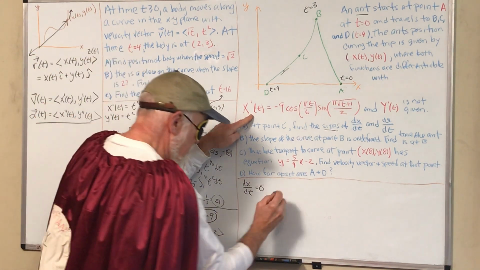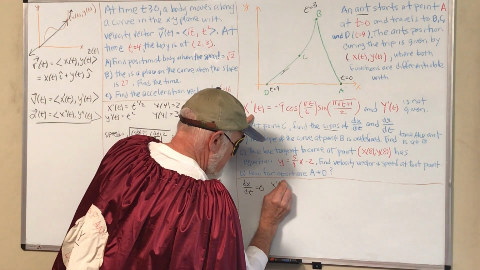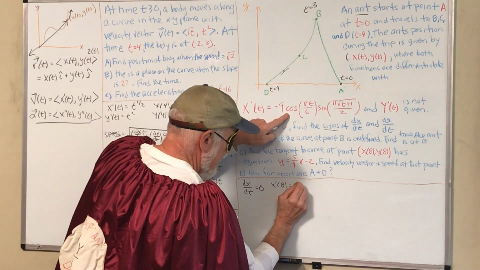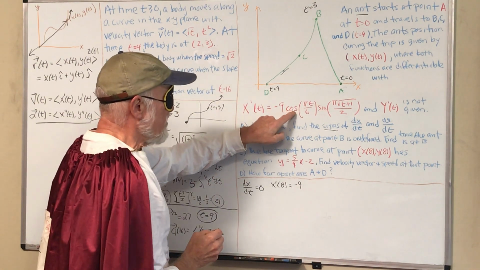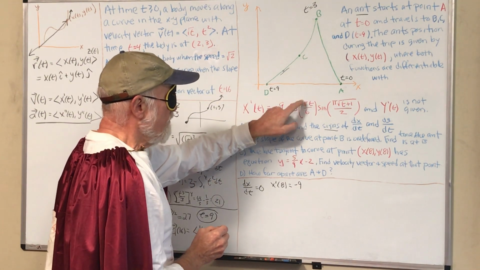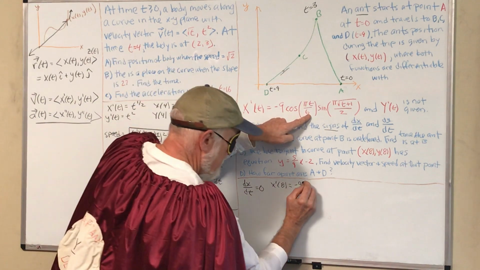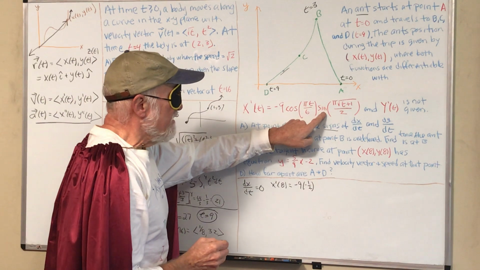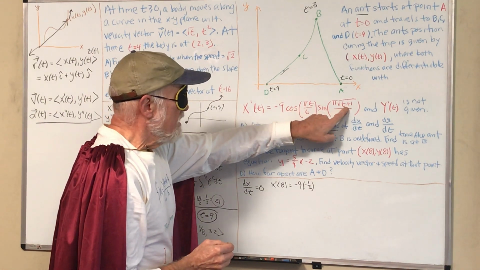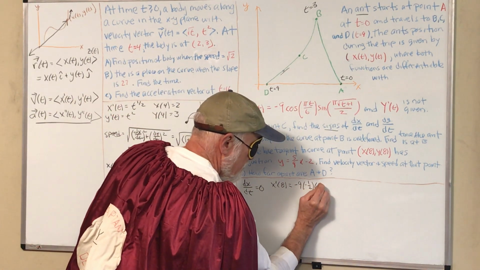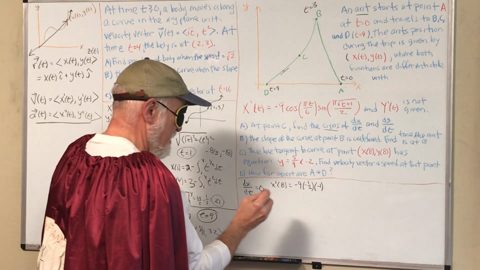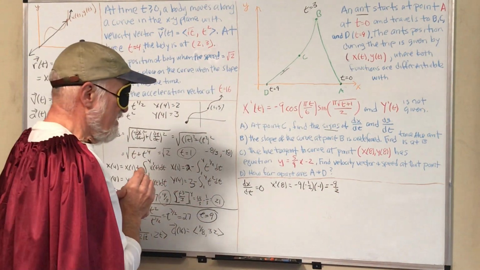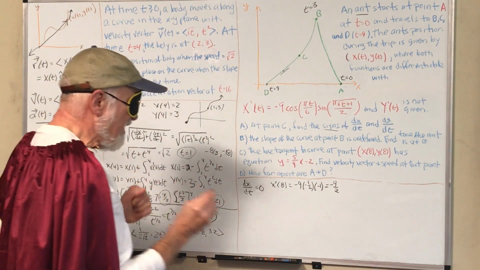Well, x prime of 8 we can get just by plugging into here. We get negative 9 times the cosine of 4 pi over 3. That's negative 1/2 times the sine of 3 pi over 2, which is negative 1. So it looks like it's a negative 9/2. So now we can do part of the velocity vector.